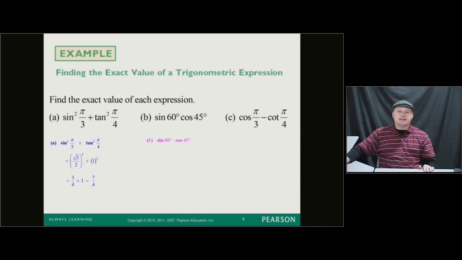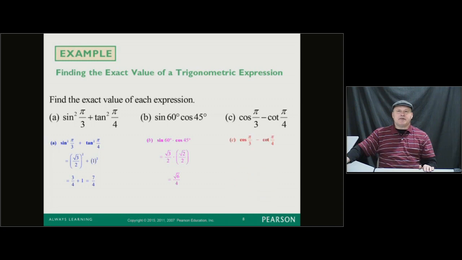The quicker you get them memorized, the better. So square root of 3/2 times the square root of 2/2. Well, what's the value of that? You just multiply the numerators together, which is the square root of 6, and multiply the denominators together, and that's 4. Square root of 6/4. Square root of 6 does not have any perfect square factors, so it is what it is.